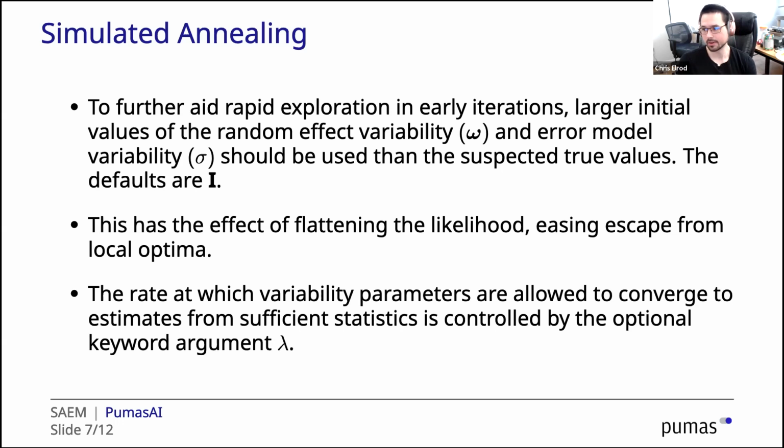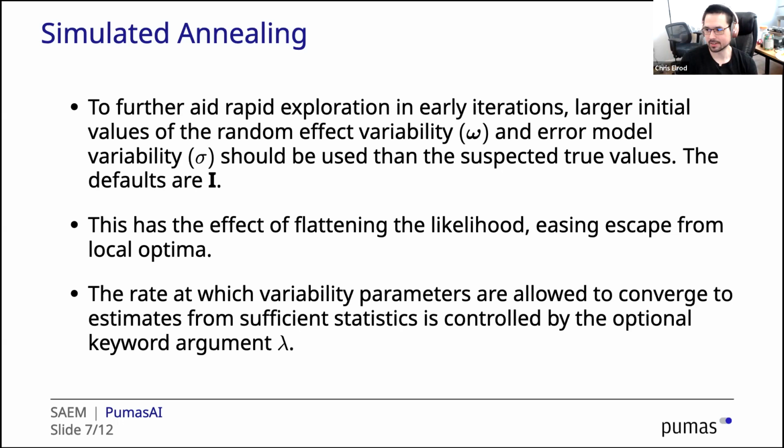So always either leave it uninitialized if you think the value is much less than 1, or initialize it to be something greater. On the other hand, do keep in mind that it can only decrease at the rate of this lambda per iteration. So if you set it to 1 trillion, then the likelihood would probably still be flat by the time you're done sampling.